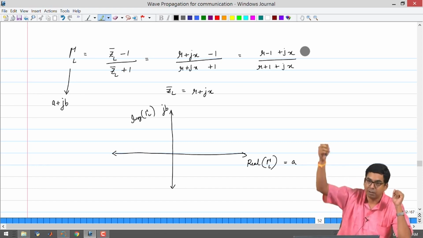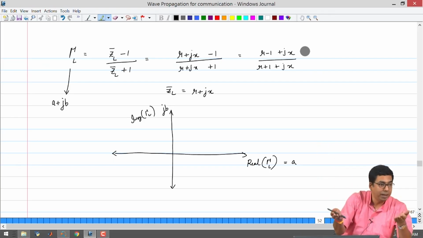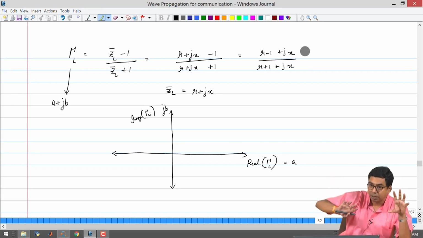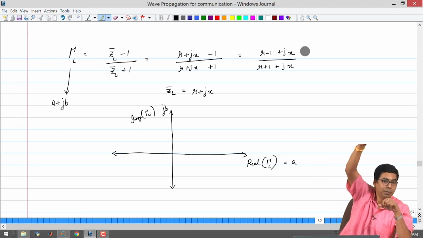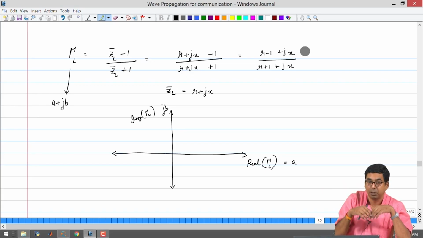So, it is going to have a fixed value of the reflection coefficient. The magnitude is going to be fixed. The only thing that is going to be changing is the phase. All right. That means for a given value of r, if you change x, the magnitude is going to be fixed, but only the phase is going to be changing, because it sweeps a circle in the complex plane.